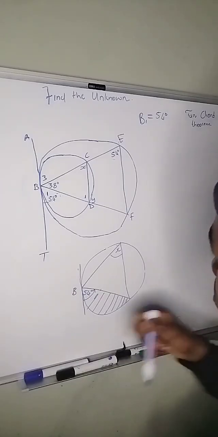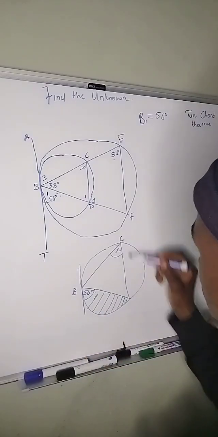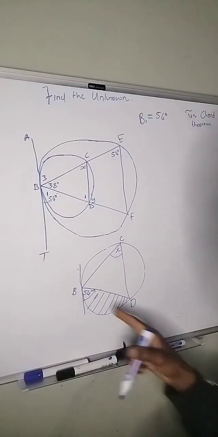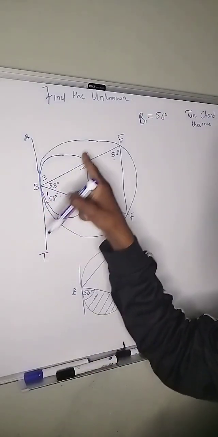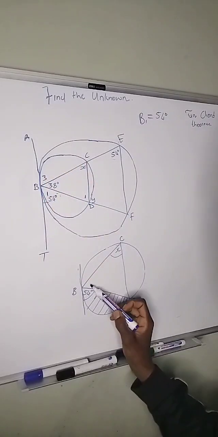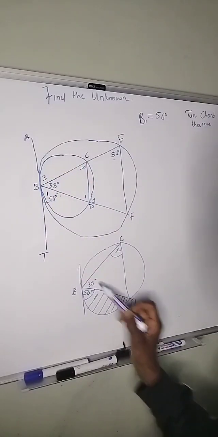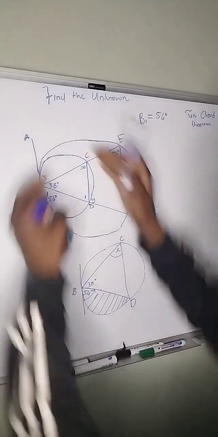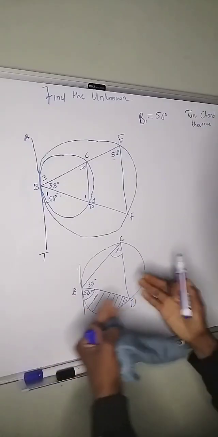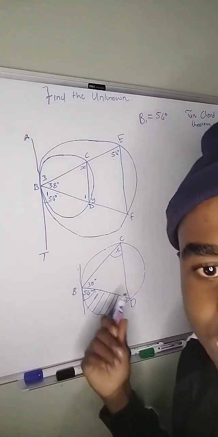Because I took out B, C, and D. B, C, D. This is the small circle. And here it's 38. I just took out this small circle so that I can see what's really going on in this circle.